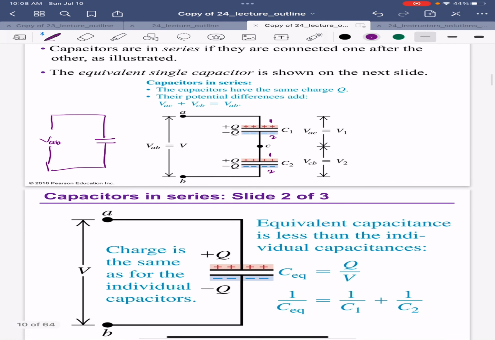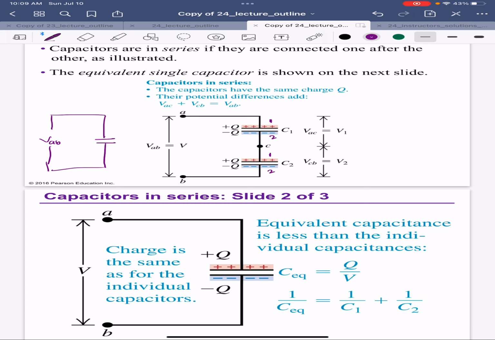This is also one important thing that you need to know: the two capacitors in series connection have the same charge. If one of them is holding 80 microcoulombs, the other is going to have 80 microcoulombs. They are going to share the voltage. This piece of information is very important when you solve.